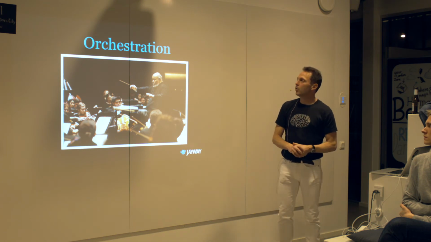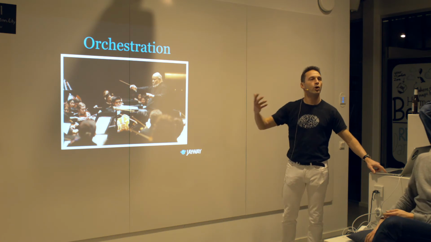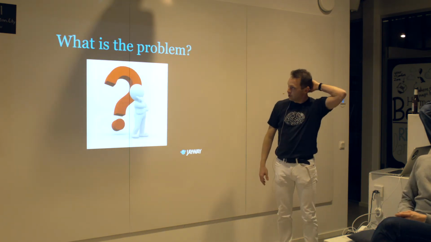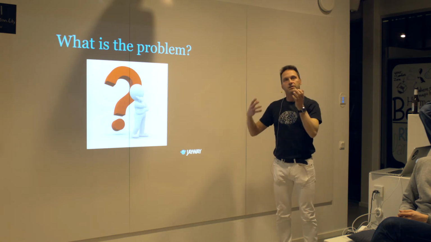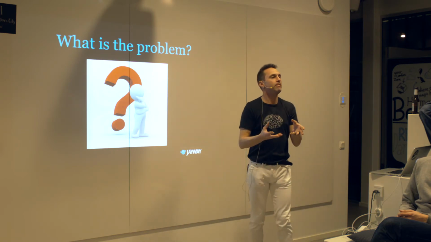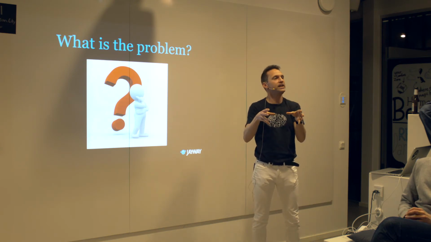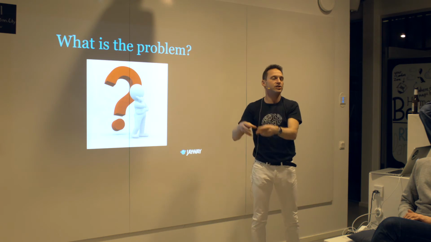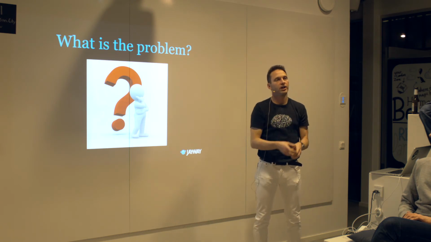So, a little bit about orchestration. Orchestration means clustering and joining containers together. The problem with this is that Docker containers are meant to be used as a single unit. So you have one Nginx server, you have one MySQL database container.